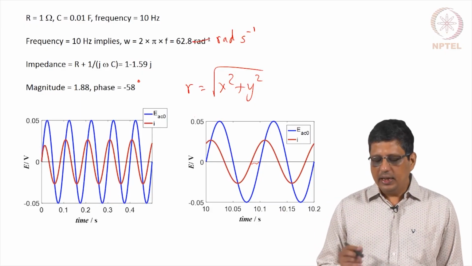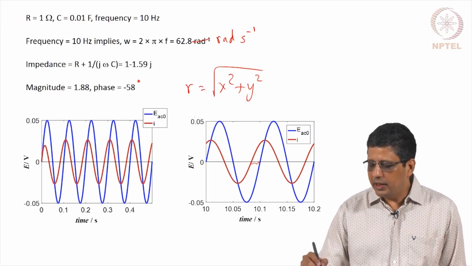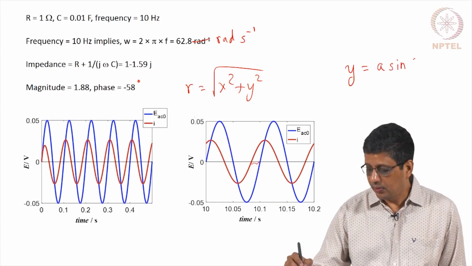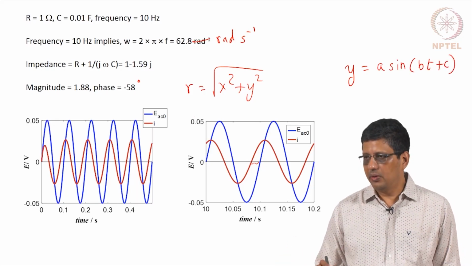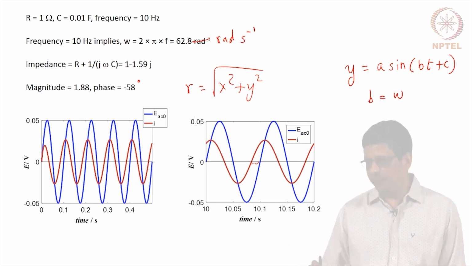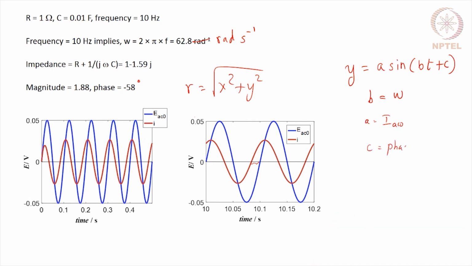Even better way of doing it is to fit this curve to an equation saying y equal to A sin(Bt + C) plus offset. We have to verify that B comes out to be the same as omega. A here will give me the amplitude and C here will give me the phase.